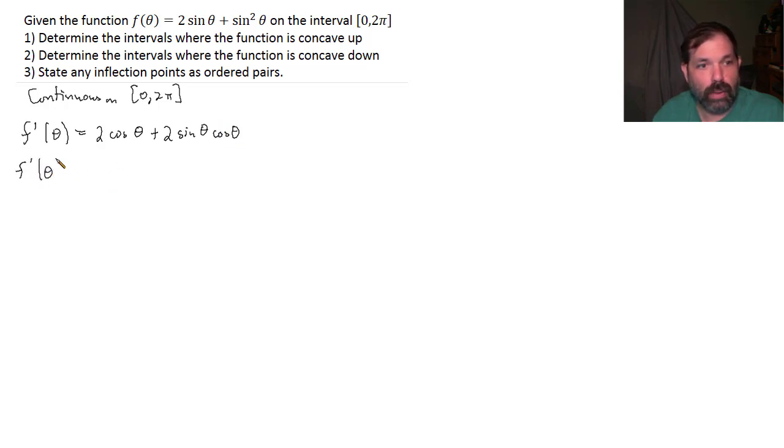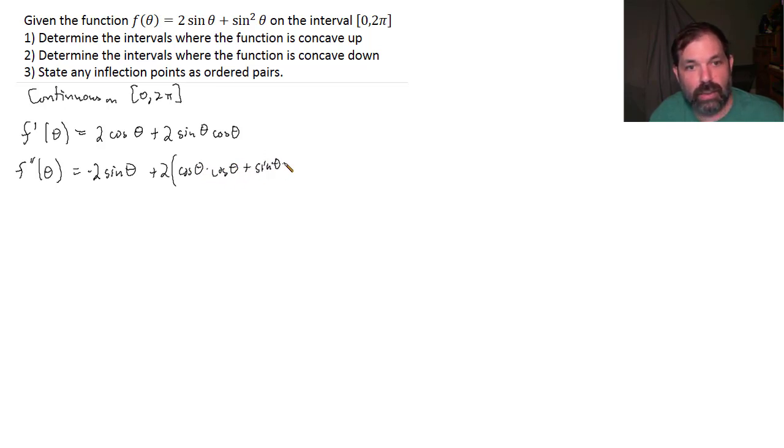F double prime at theta would be negative 2 sine theta plus 2 times the derivative of sine theta cosine theta. That would be cosine theta times cosine theta plus sine theta times negative sine theta, using the product rule here.